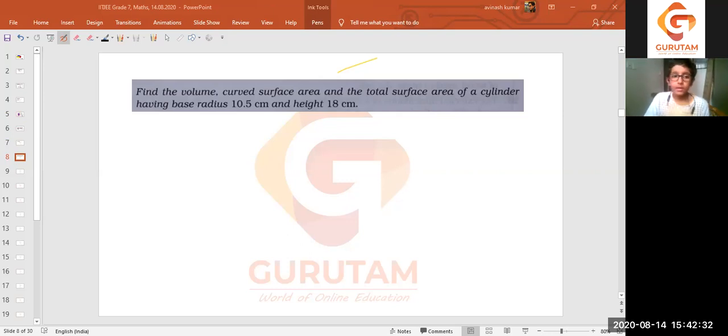Base radius is equal to 10.5 centimeters and height is equal to 18 centimeters. So I have to find the volume, curved surface area and total surface area.